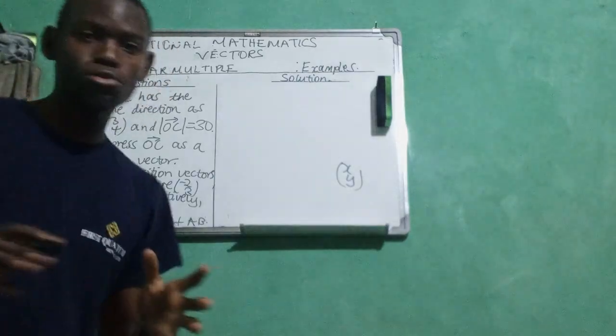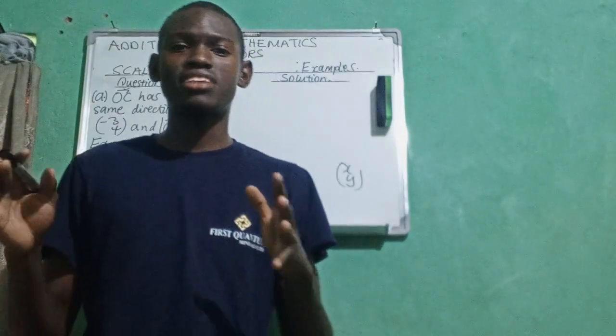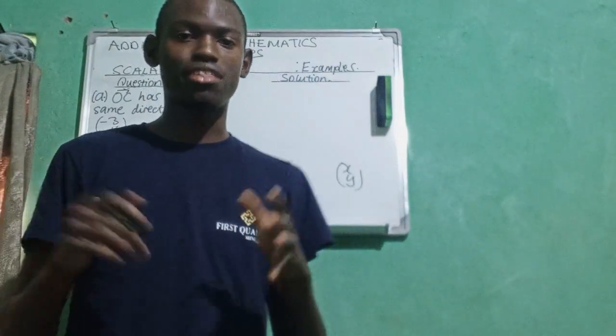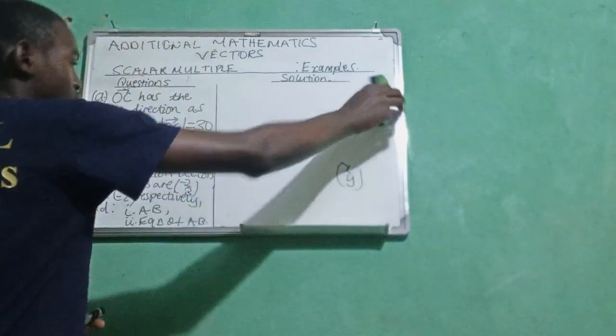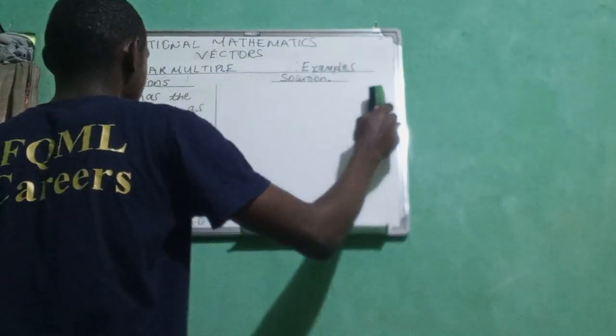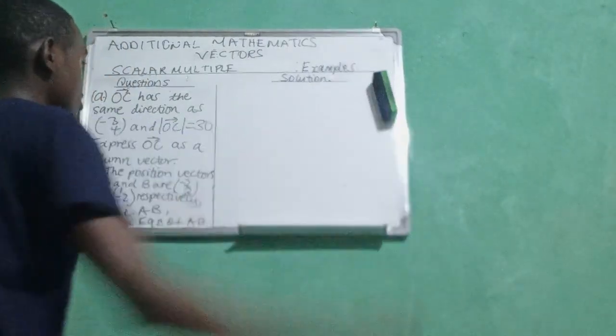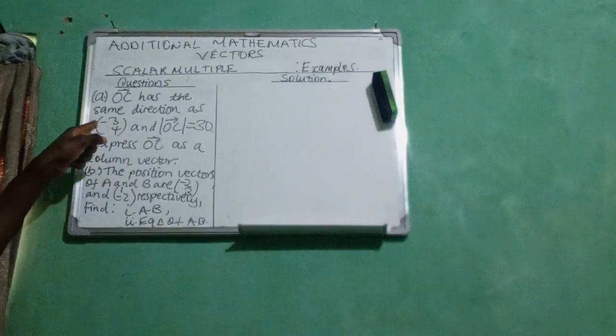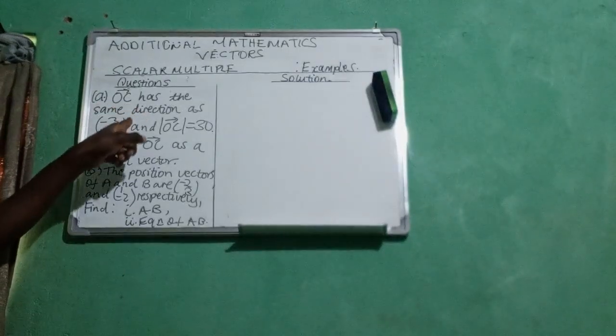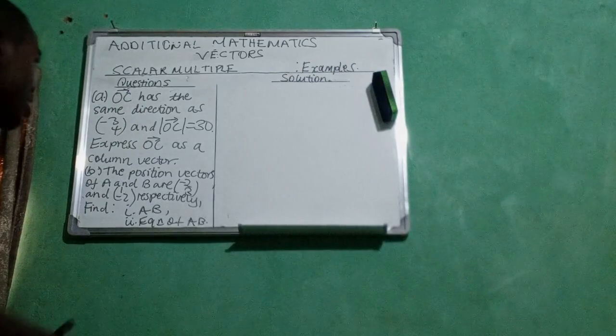So, if two vectors are parallel, they are scalar multiples of each other. This simply means that OC is a scalar multiple of this vector here.